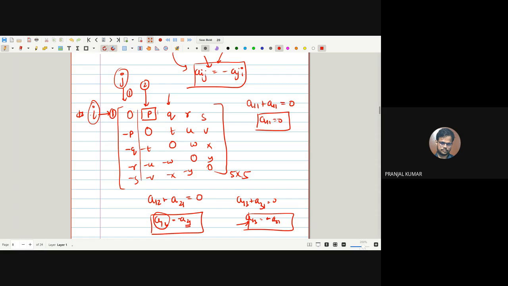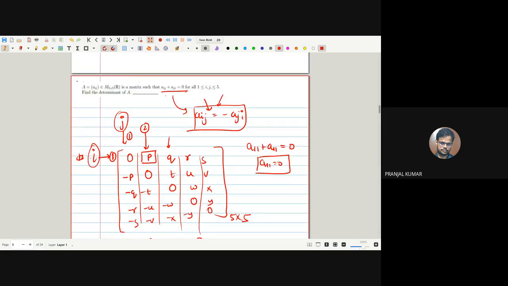So this is column, this is column. One direct result I should tell you is, if you ever have a skew symmetric matrix, just check P, minus P; Q, minus Q; and so on.